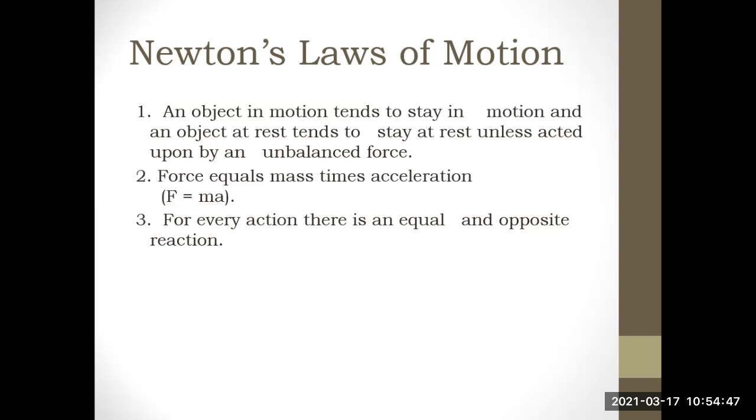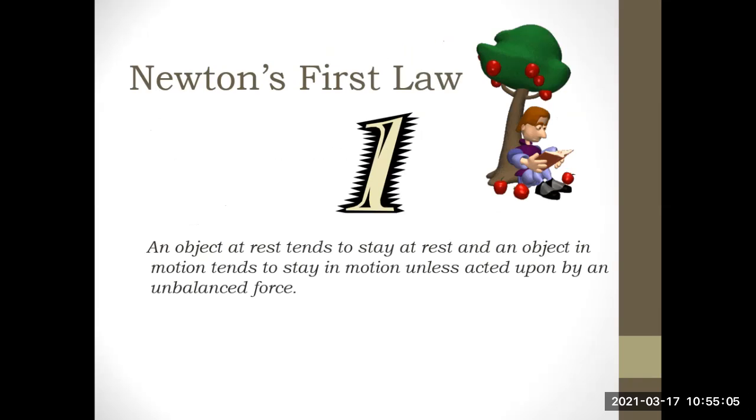Third, for every action, there is an equal and opposite reaction. These three laws are termed Newton's laws of motion, students. One by one, we will learn each law of motion. First, we will learn Newton's first law of motion.